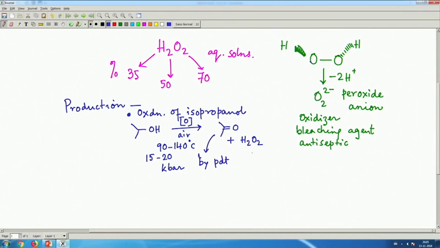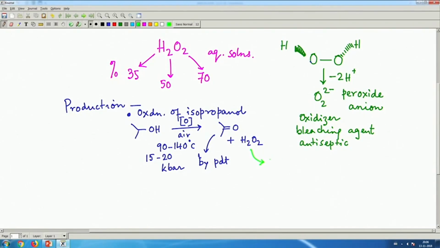And this hydrogen peroxide which is formed can be utilized and taken away, in different amounts, that means 35%, 50% and 70%. Excuse me, it is formed in a very dilute solution there.